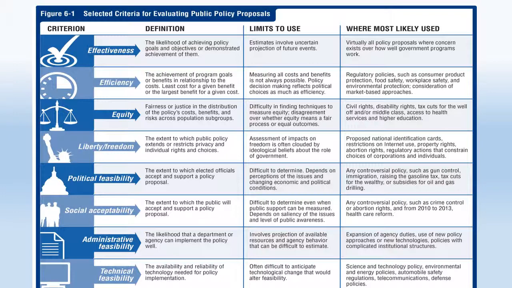And again, different kinds of policy lend themselves to different kinds of evaluative criteria, right? And that's over there in that right-hand column of this table, where you might want to use these different kinds of evaluative criteria. And so it's important that you understand the kind of policy you're dealing with.